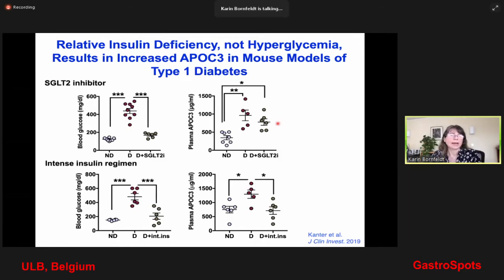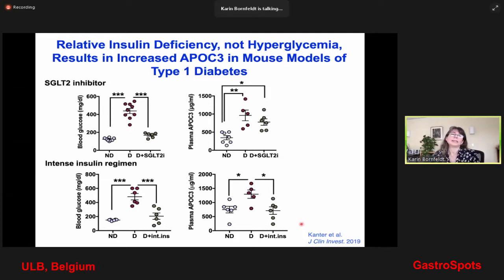We then treated the animals with an intense insulin regimen. And as I said, these animals have some baseline insulin on board, but if we give them more frequent insulin injections, we can normalize their blood glucose levels fairly well as compared to these diabetic animals. And by doing so, we also normalized plasma ApoC3 levels.